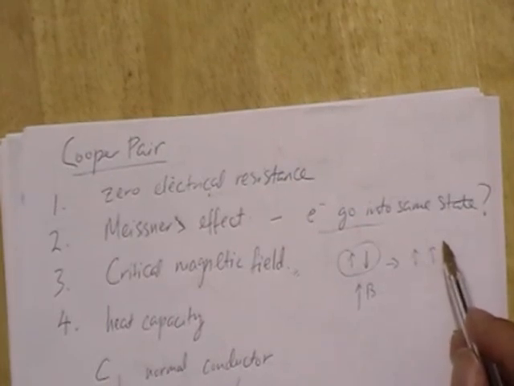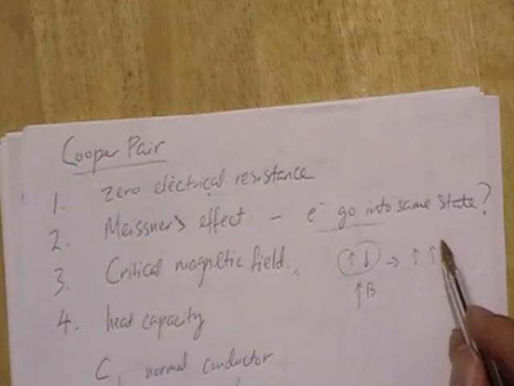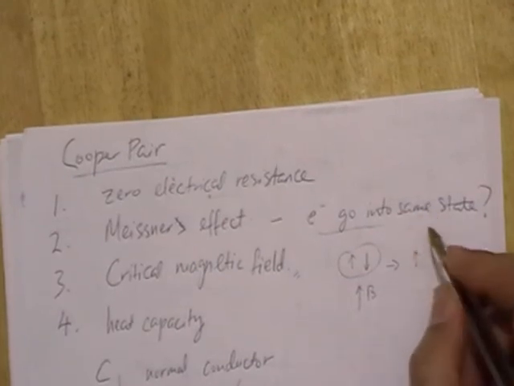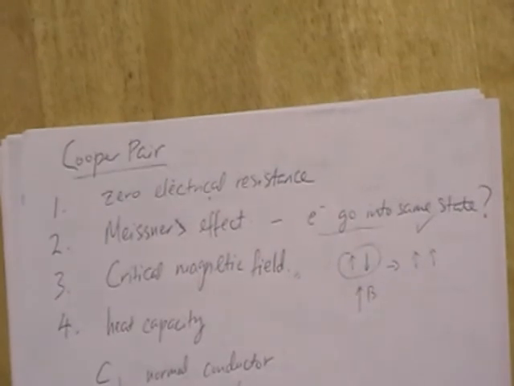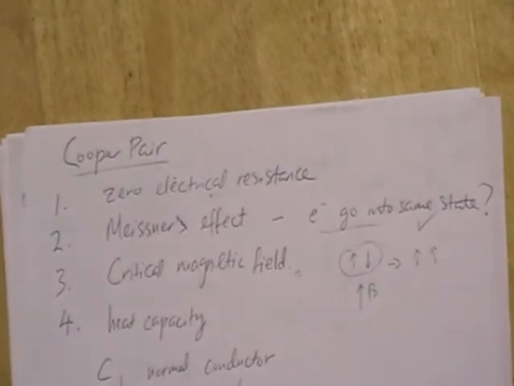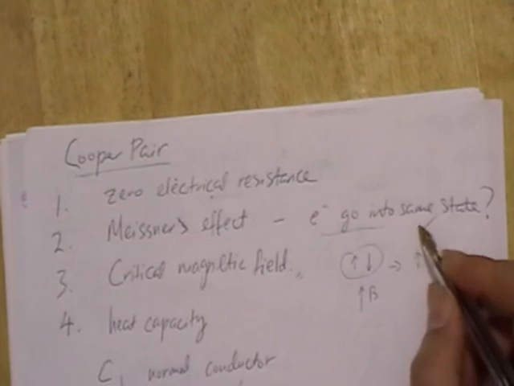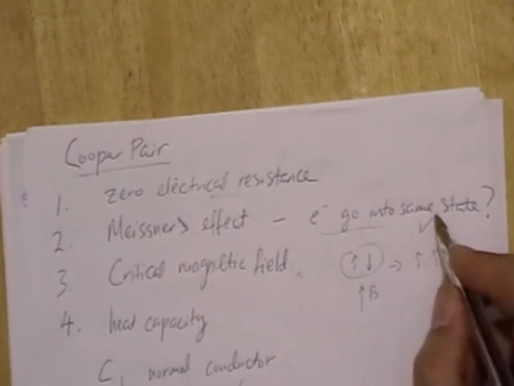They do it simply by pairing up into Cooper pairs first, and thereby turning into bosons in effect. So we have finally explained that problematic assumption in London's explanation for the Meissner effect.